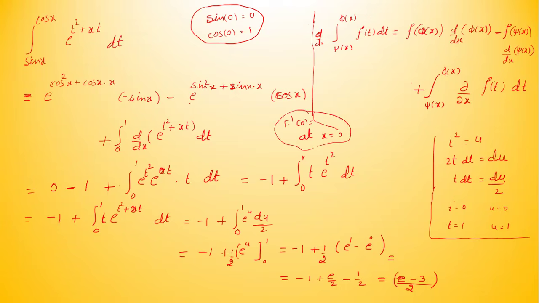Here, cos of 0 is 1, sin of 0 is 0. The derivative with respect to x of e raised to t square plus xt dt: first differentiate, then put the value at x equal to 0.